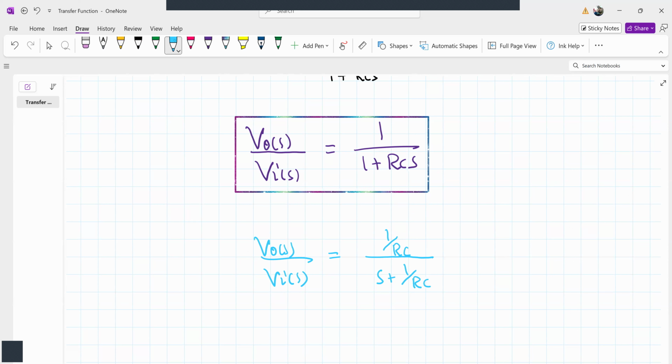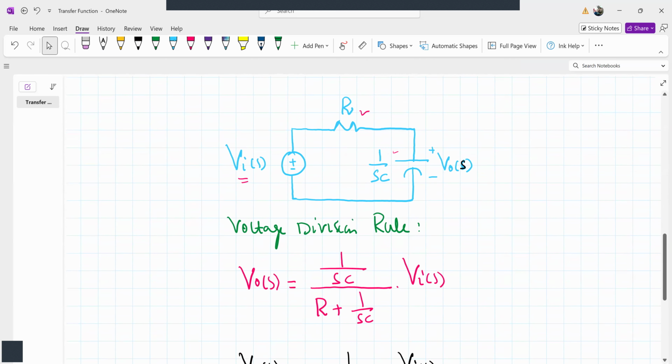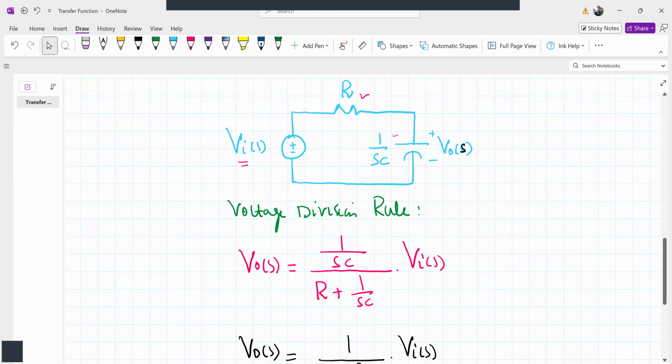The transfer function, usually denoted by H of S, is equal to this. This is how we obtain the transfer function of a network: we relate the input with the output by using different network analysis techniques.